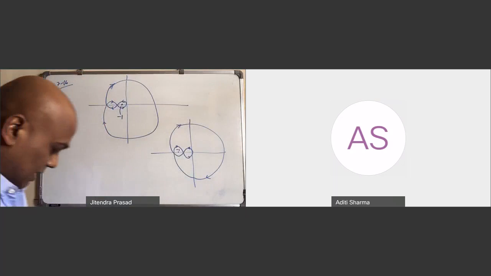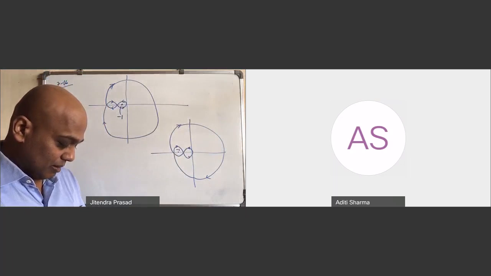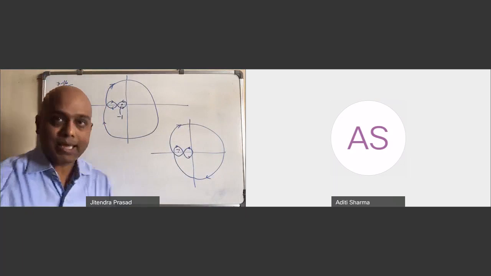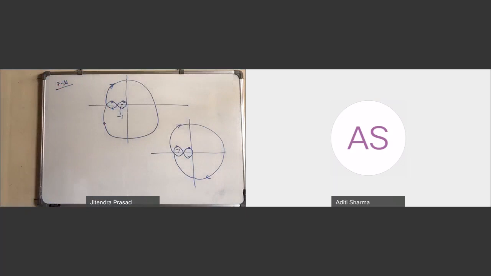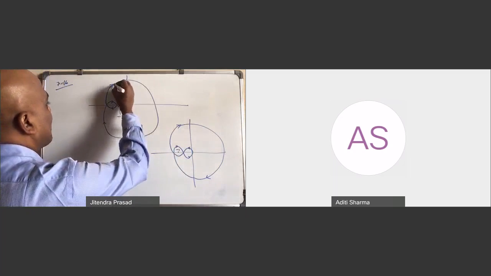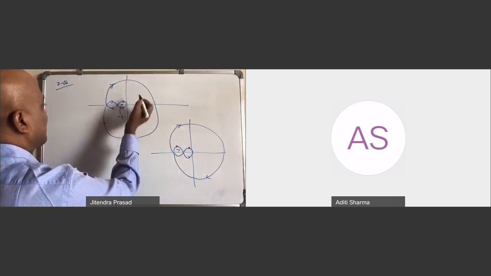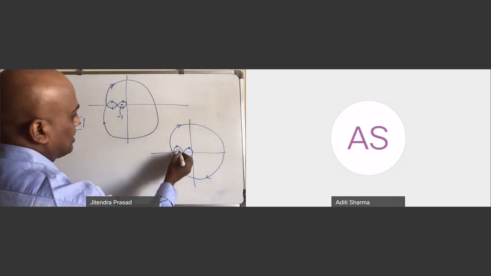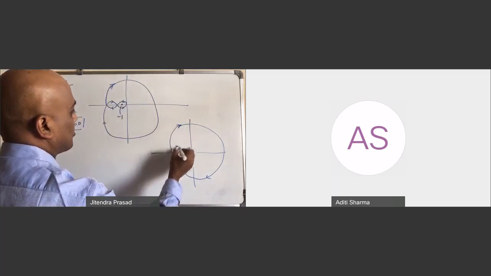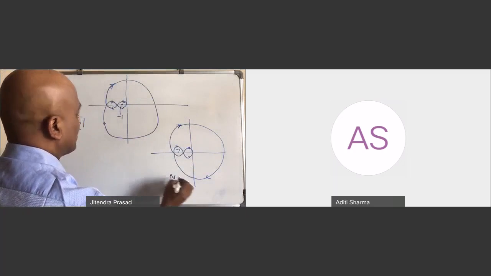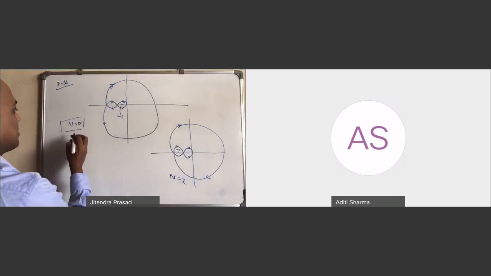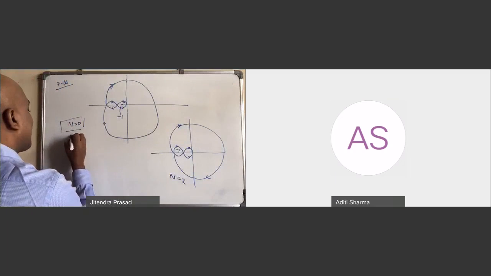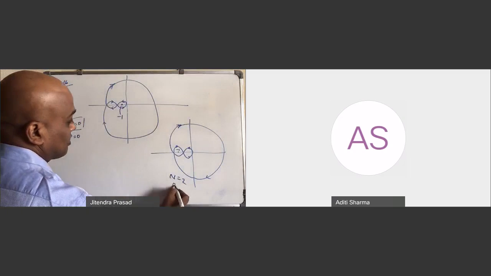It says G(s) has no poles in the right half plane. So there are no poles on the right side. In this case, what we see is clockwise and anti-clockwise encirclements, so both cancel out, N equal to 0 in this case, right? And here we have this is 1 and this is 2, N equal to 2. Also given that there are no poles on the right side, so P equal to 0.